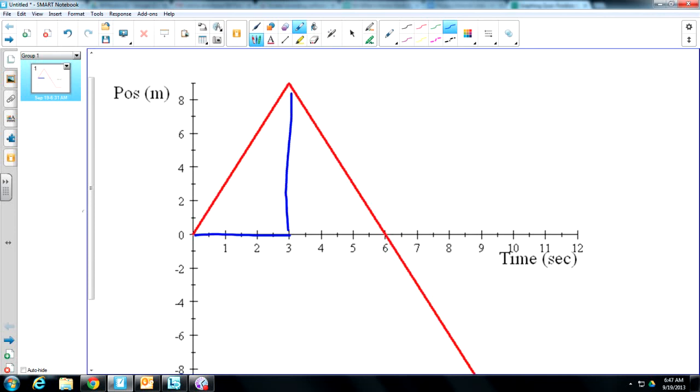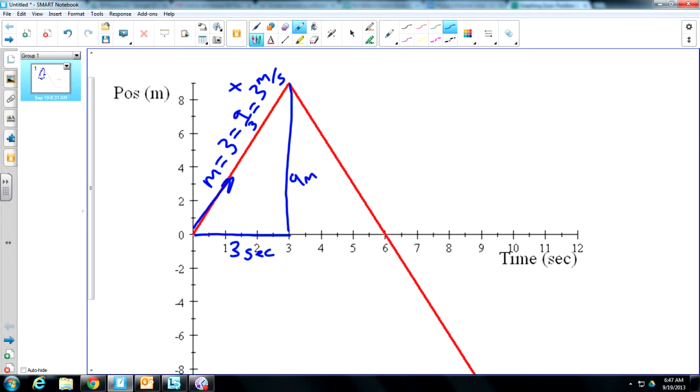So if we think of this as a slope, it's given by the rise over the run, which is 9 meters over a 3-second time interval. So it's pretty clear that the slope here is going to be 3, because that's 9 divided by 3. So we get 3 meters per second, and that's a positive value. You can see the slope's going upward, so we have a positive value for the velocity.